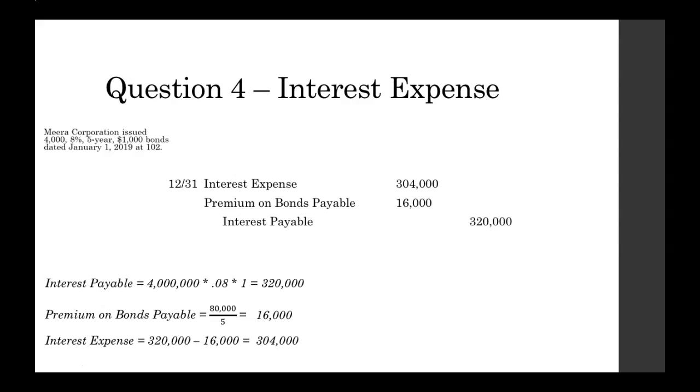Based off of the information given to the people who bought the bonds from you, they expected 8% interest. Well, 8% interest is $320,000. So that's the amount that you are obligated to pay. So now, interest paid, we will debit interest payable and credit cash for that $320,000.